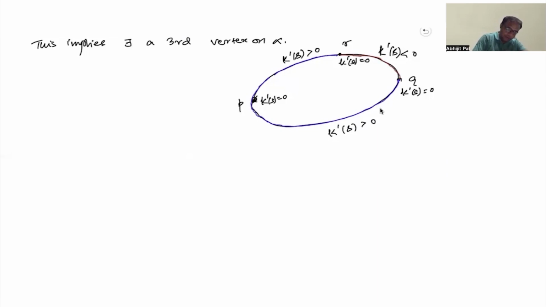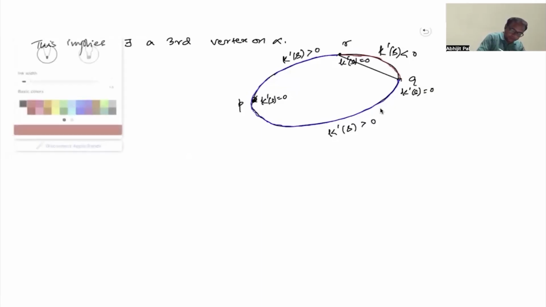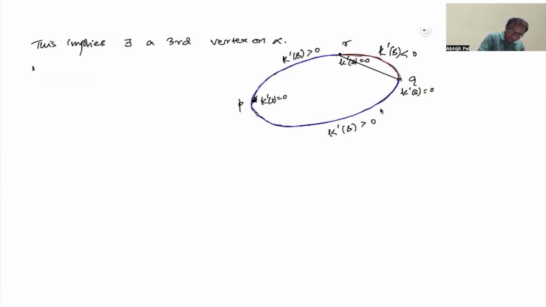Now if I take the line segment R to Q, again by the same reason, the integral will be positive. Okay, so again, which is a contradiction.